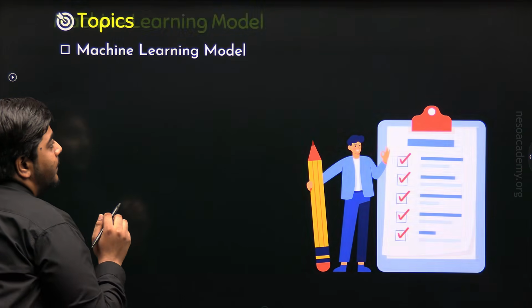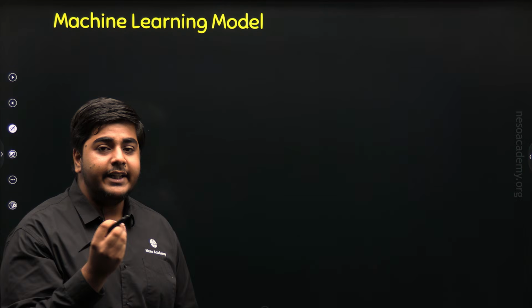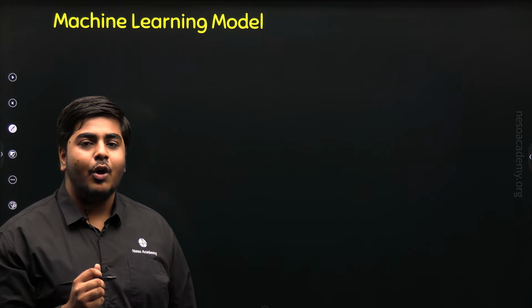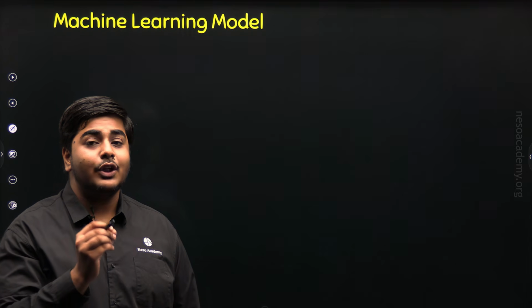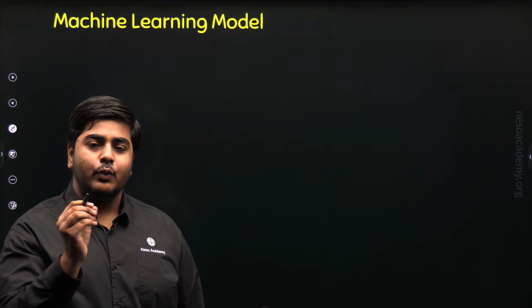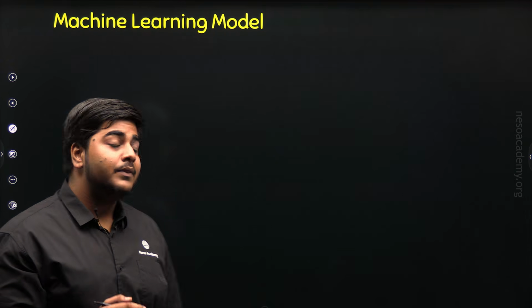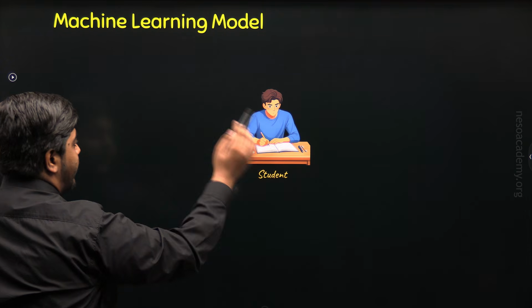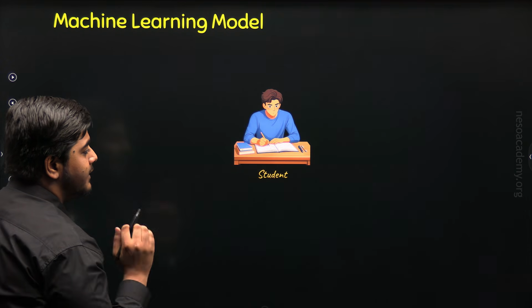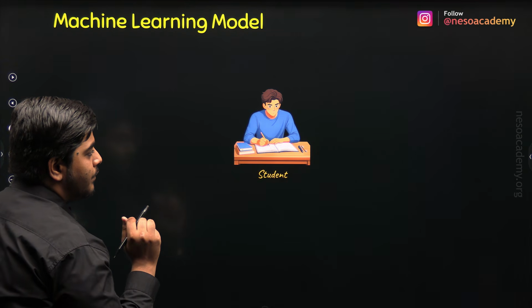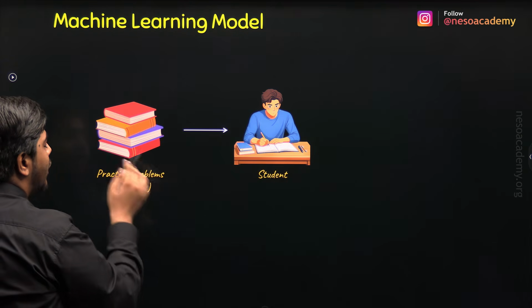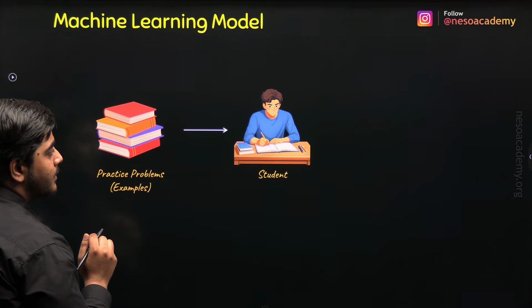Let's get started. Now, before we formally define what is a machine learning model, let's first understand the concept of an ML model with the help of a real-life example. Suppose there is a student who is having his mathematics examination tomorrow. So today he practices lots of mathematical problems.